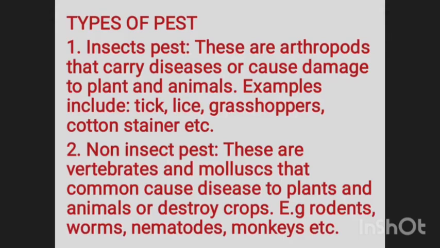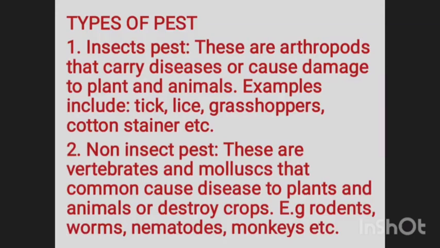So they have a jointed body and they are all classified as insects. Arthropod is a group of insects under the classification of living things. These arthropods carry disease or cause damage to plants and animals. Examples include the tick, lice, grasshopper, cotton stainer. These are all insects and examples of the arthropods.